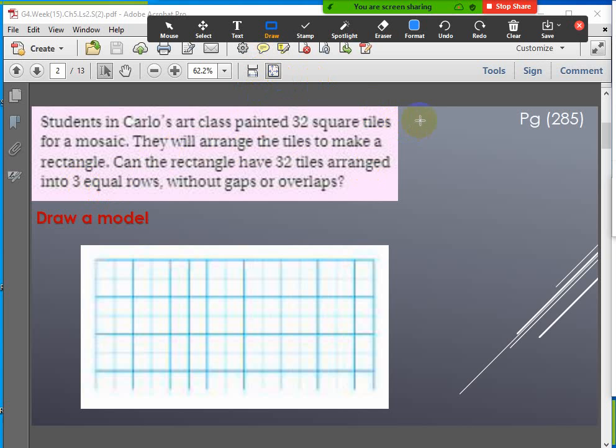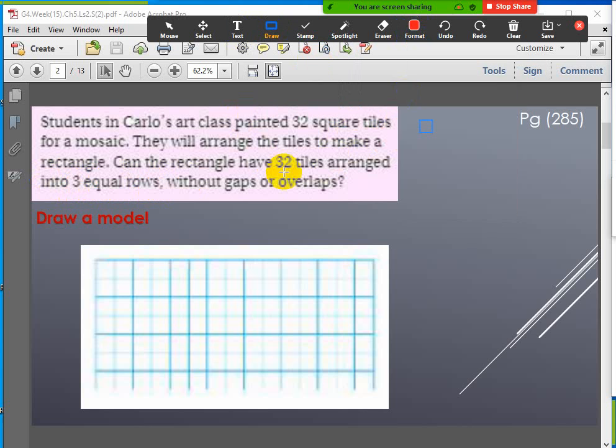So these are the square tiles. I have 32 square tiles, and I want to arrange those 32 tiles in 3 equal rows.